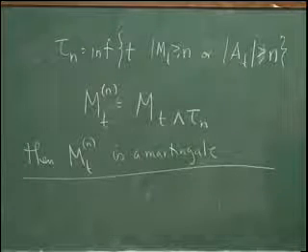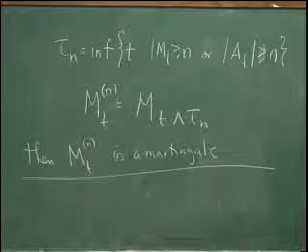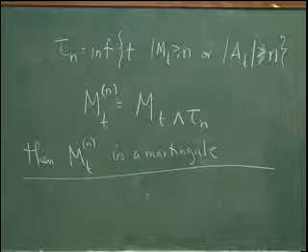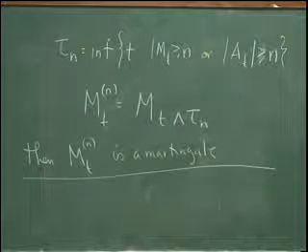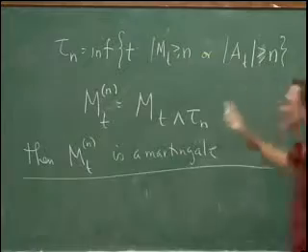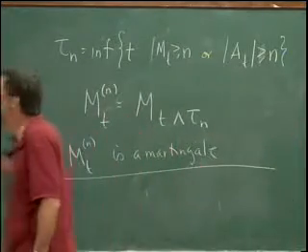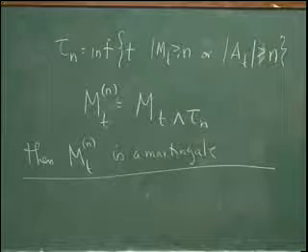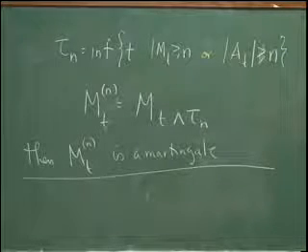If M_t is a martingale, and when I say martingale, continuous and non-negative will be assumed. So all my martingales will be continuous, non-negative martingales.